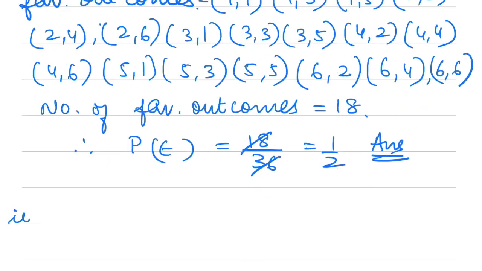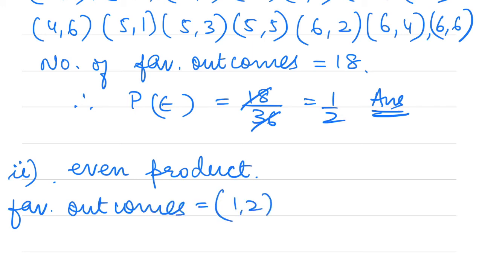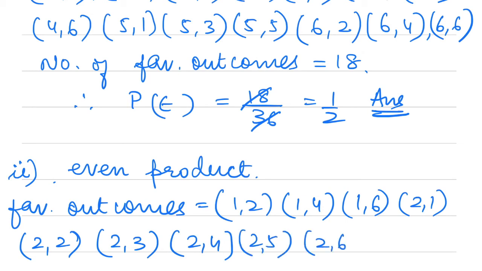Answer. Second part, it should have even product. Outcomes would be 1 and 2, 1 and 4, 1 and 6, then 2 and 1, 2 and 2, 2 and 3, 2 and 4, 2 and 5, 2 and 6.